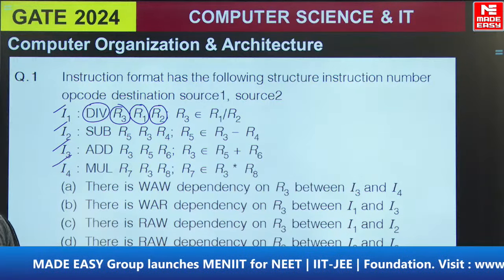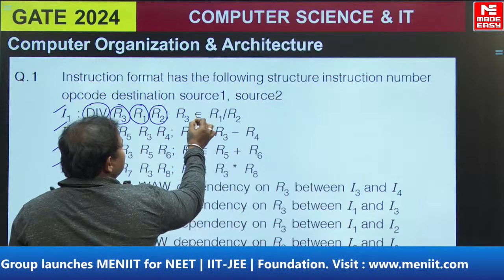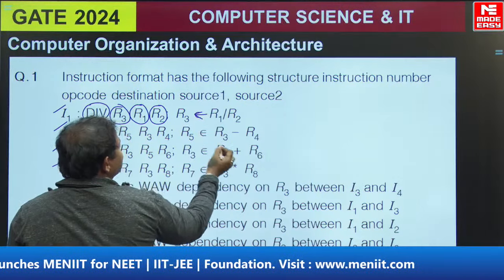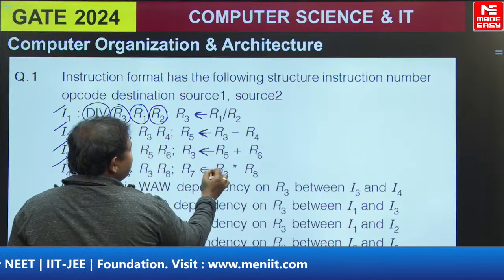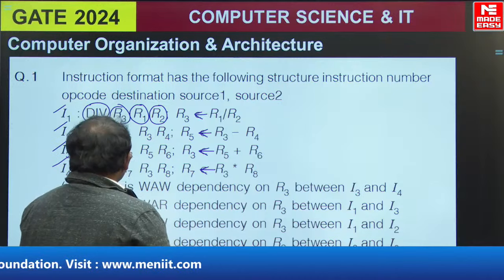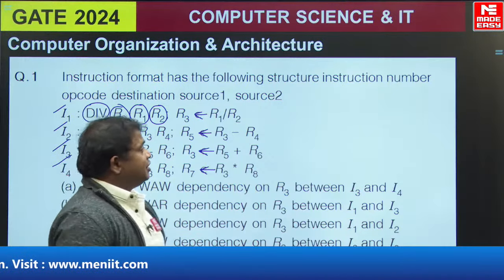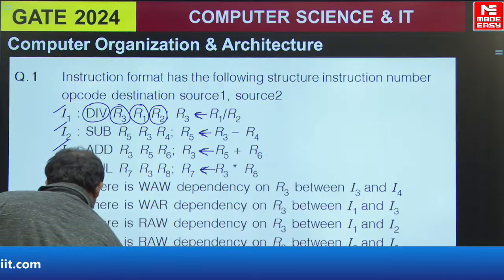The meaning is also given, for example R1 divided by R2, result will be stored into R3. So source is the input, destination is the output. Here 4 statements are given, and we need to identify the true statements.